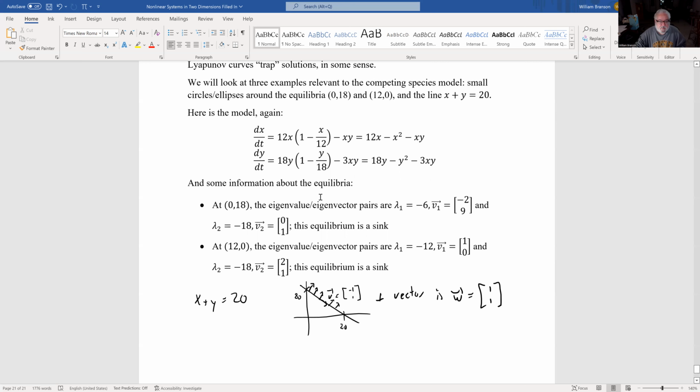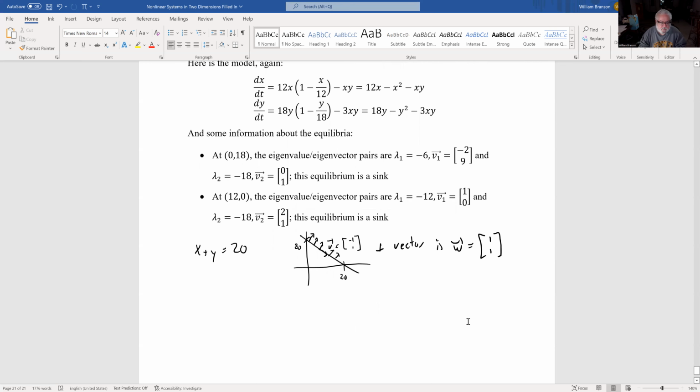So our vector field is 12x minus x squared minus xy, comma 18y minus y squared minus 3xy.